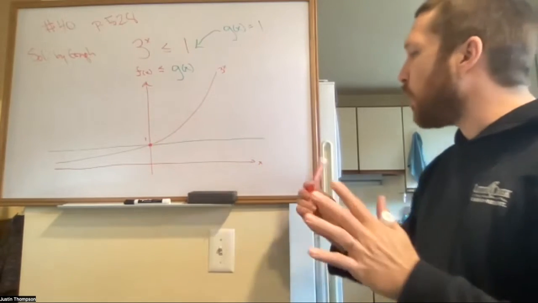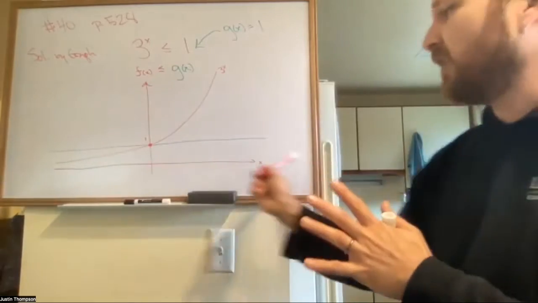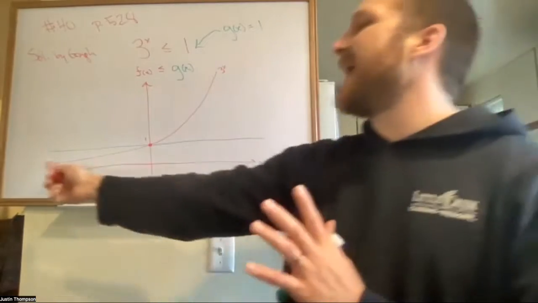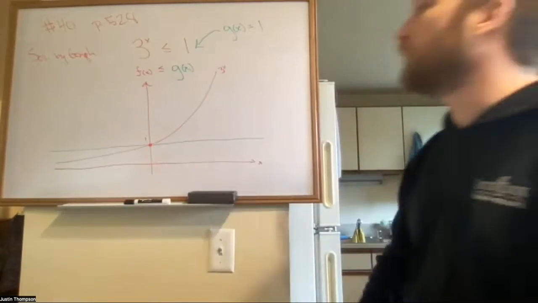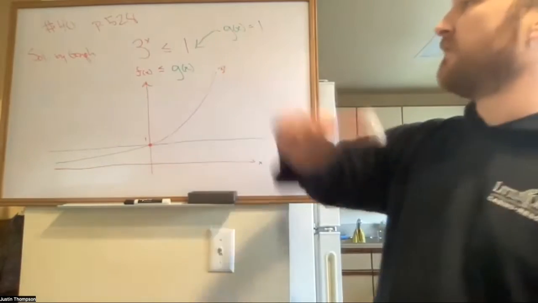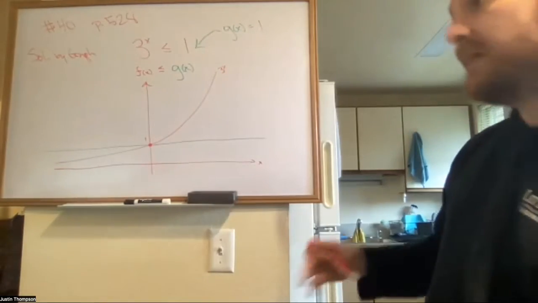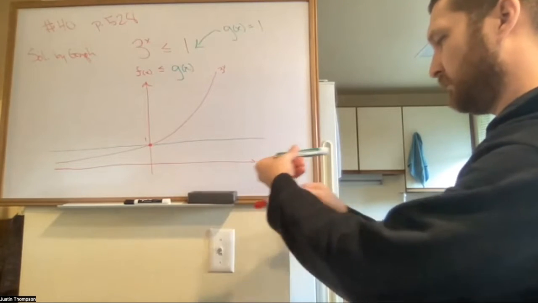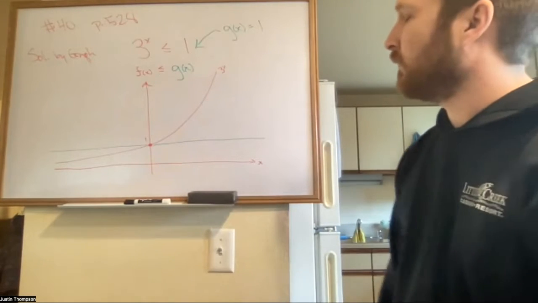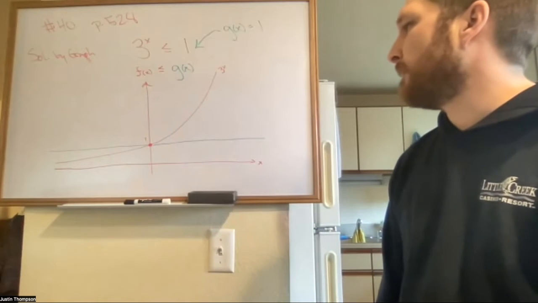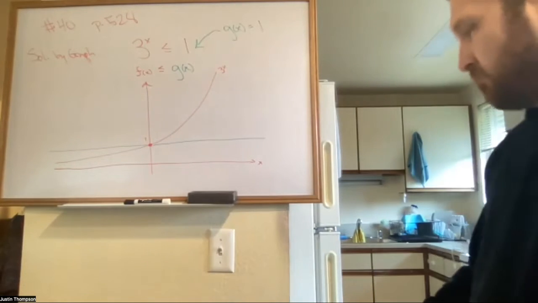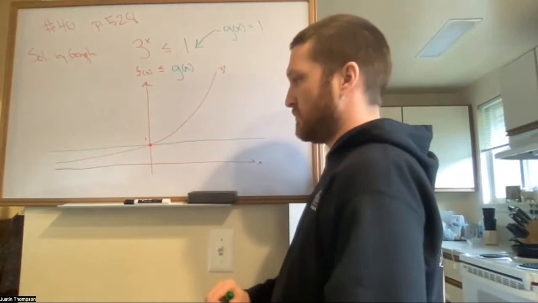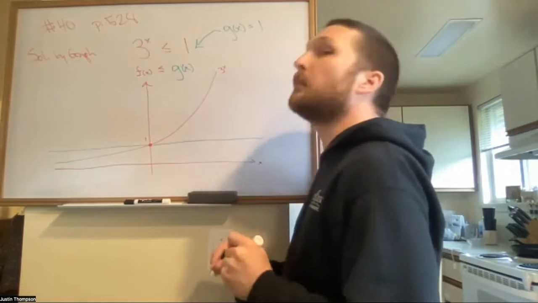So we could say where, meaning where on the x-axis, is it true that the red function is less than or equal to the green function? X has to be less than or equal to 0.